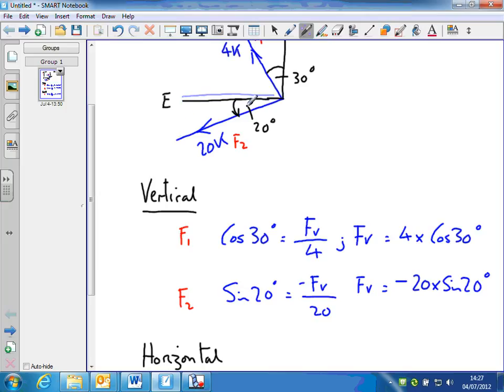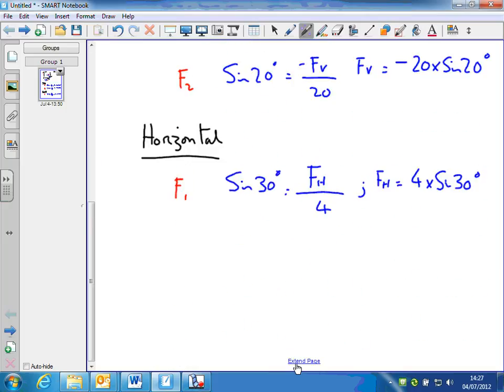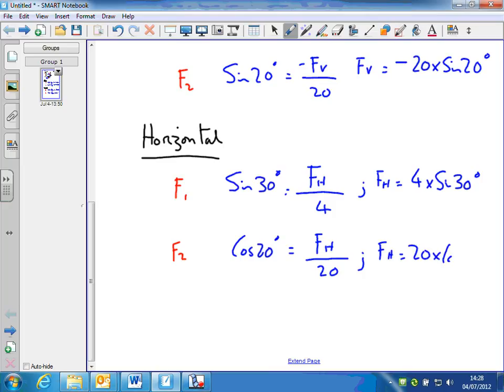So cosine 20 equals the adjacent, which is going to be the horizontal component of the force, over 20 for F2. So F horizontal is 20 times the cosine of 20 degrees.